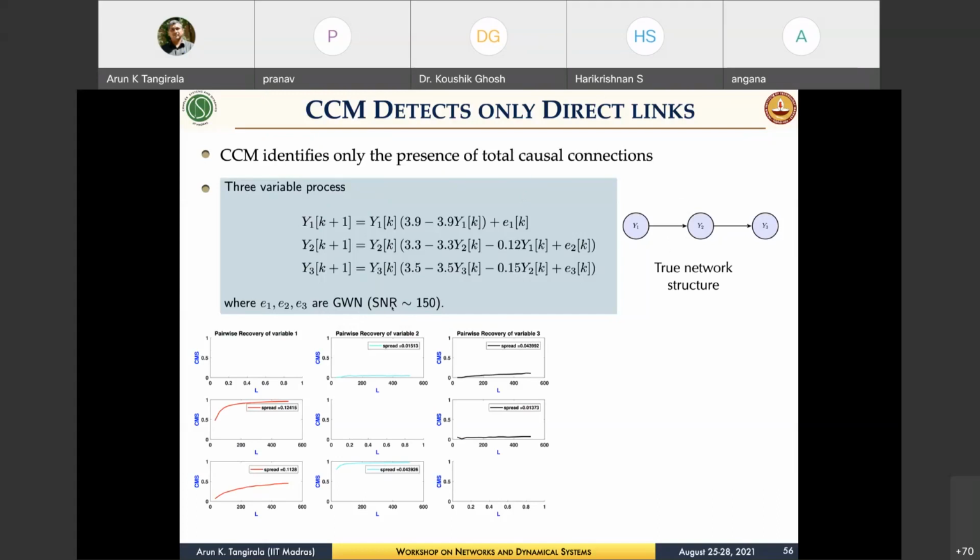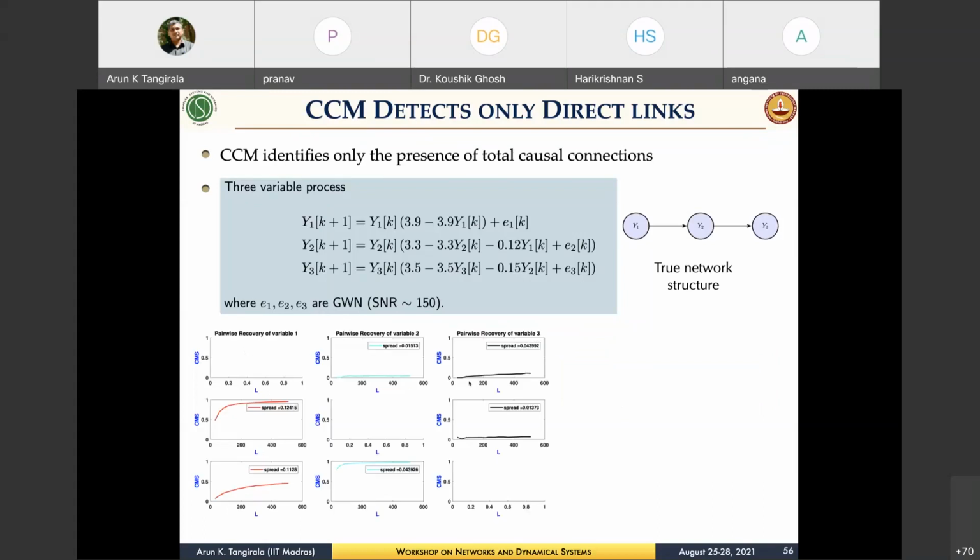So when you apply the CCM here, when I'm showing you recovery of variable 1, that means recovery of Y1 given Y2, given Y3, Y2 given Y1, given Y3, and so on, you can come up with different possibilities here. Of course, what you can clearly say is Y1 affects Y2, Y1 affects Y3. Yes, that is one possibility.